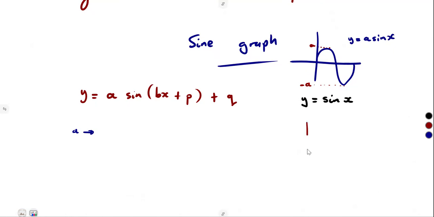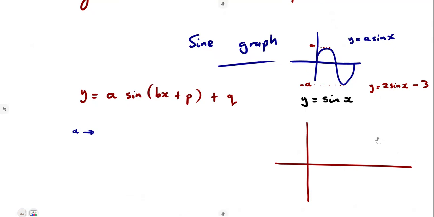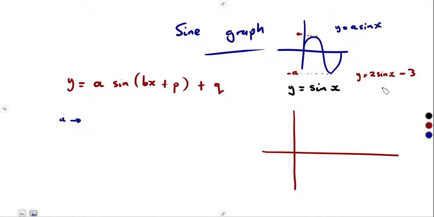But guys, this is not the same when we have got a graph like maybe y is equal to 2 sine of x, then there is a minus there, maybe minus 3. It has been affected. It was supposed to have the maximum value at 2 and the minimum at minus 2 when it was like this. But because of this minus 3, guys, it means that the graph is going down.